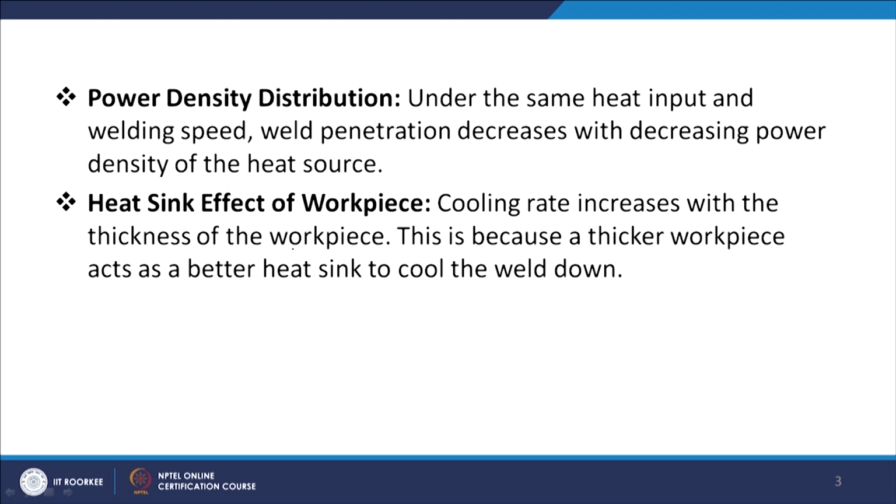So, you have different types of heat sources, and you have different power densities. That can be understood by the figures. So, we will look at the effect of the power density distribution.